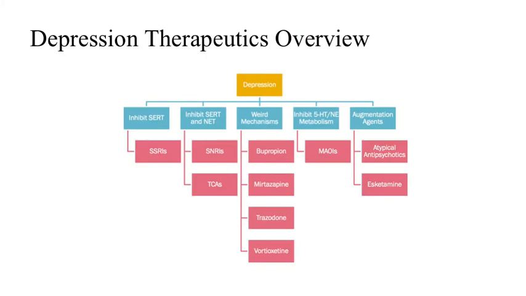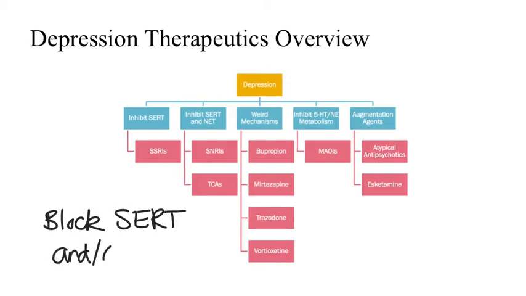Here is another overview of the drug classes we will talk about as antidepressants. As I mentioned, all antidepressant drugs block some combination of presynaptic reuptake of serotonin, norepinephrine, and dopamine. Drugs that block serotonin reuptake primarily are the selective serotonin reuptake inhibitors, or SSRIs.